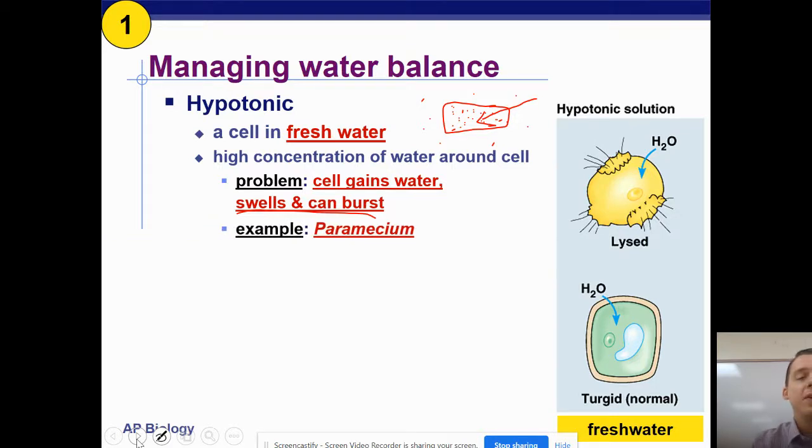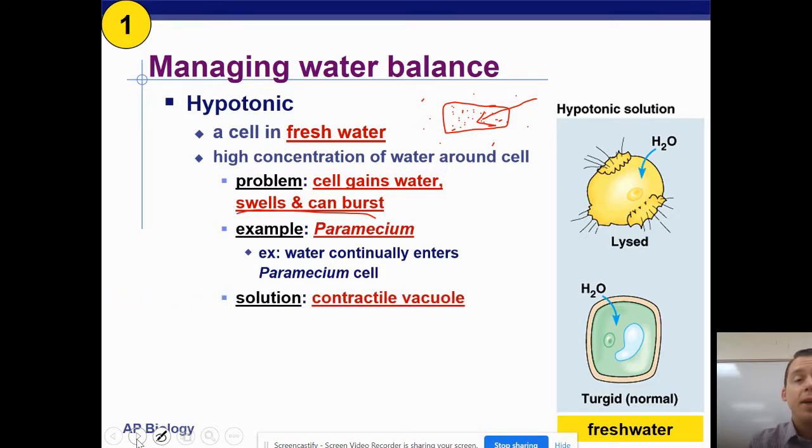A good example of this would be the paramecium. A paramecium is a eukaryotic cell that exists in fresh water. Because we know that this cell can burst, we've got a problem, right? It's in fresh water, so water is continually entering the paramecium. So what's going to happen? Is the paramecium just going to die and burst?